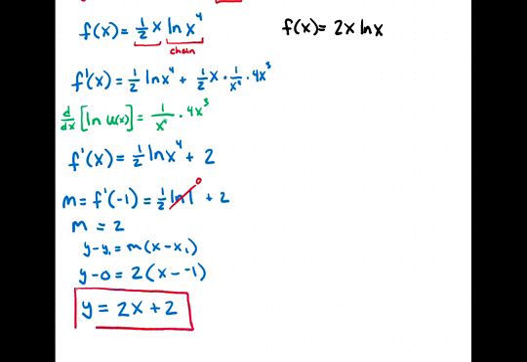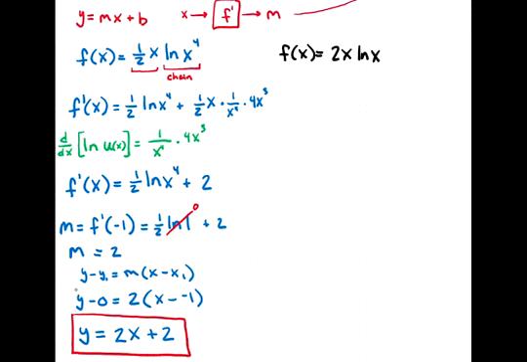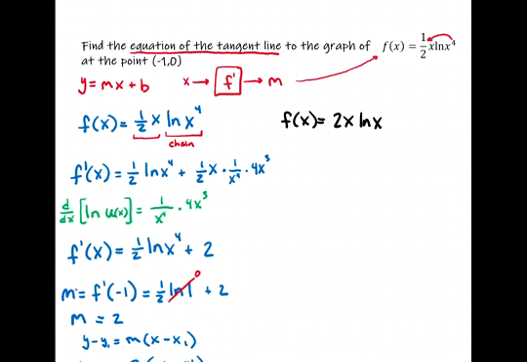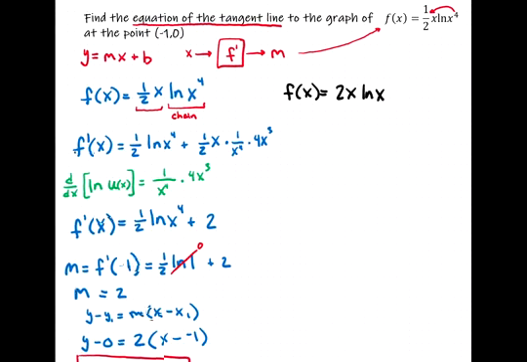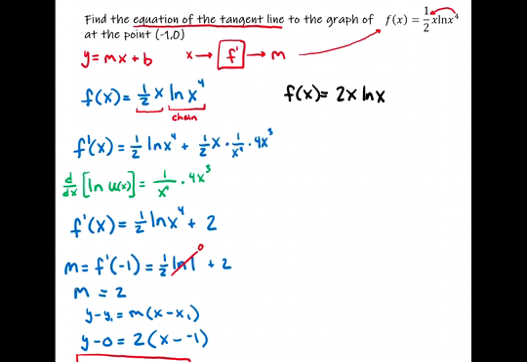Let's see if it's a little bit easier if we apply the power rule for logarithms first and bring that exponent out front. So these two are equivalent. So let's take the derivative of 2x ln of x. So f prime of x is equal to derivative of the first times the second plus the first times the derivative of the second.